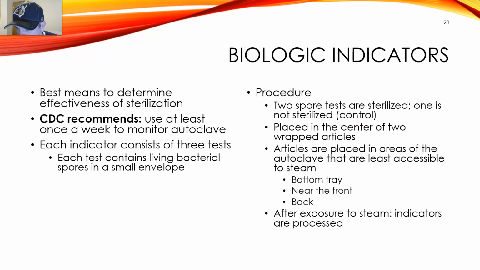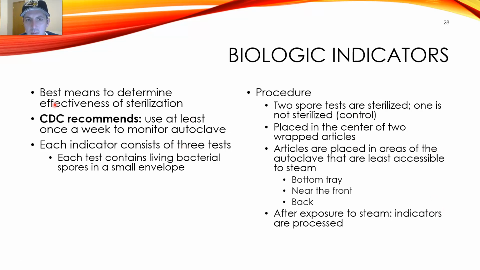If the sterilization conditions have not been met, the processed spores and the control spores will be the same color. If it was successful, then the spore tests would be one color and the control would be another color. More commonly, though, you mail them in, and the results are mailed back. But obviously that has a bit of delay.